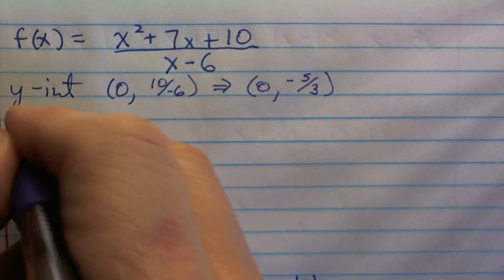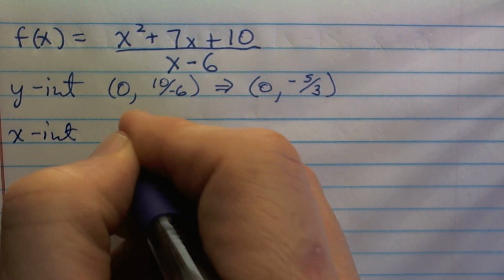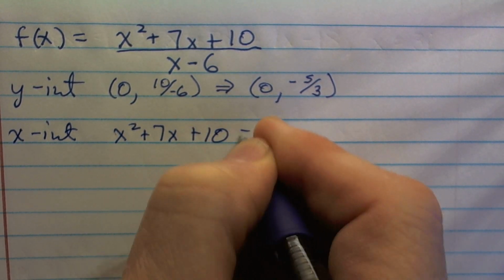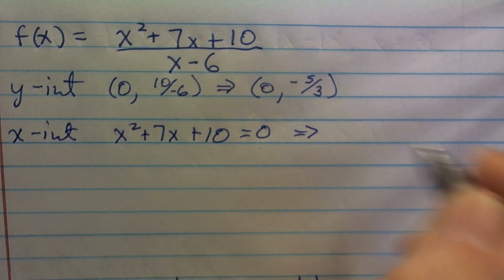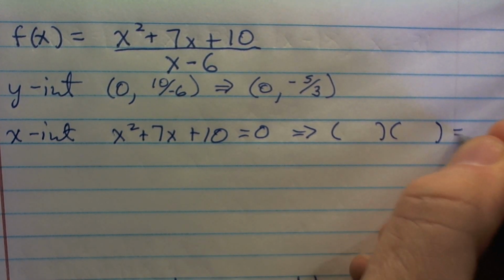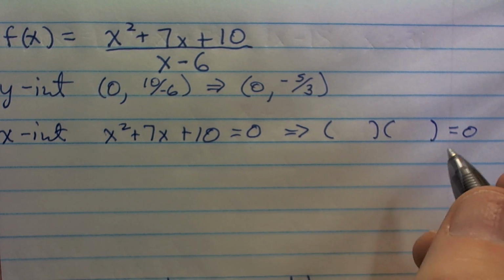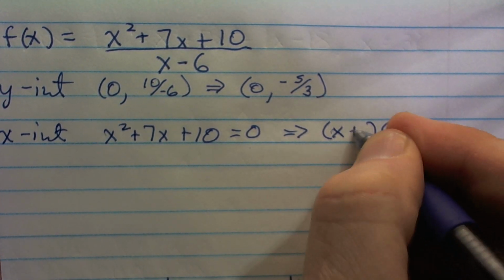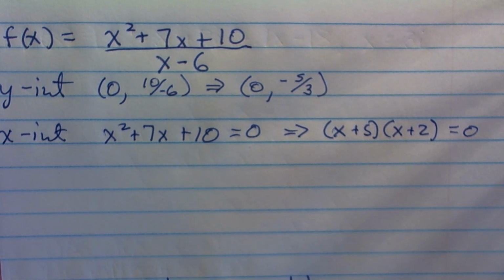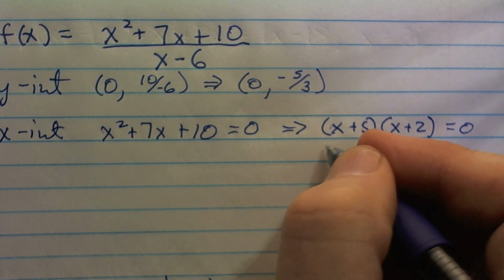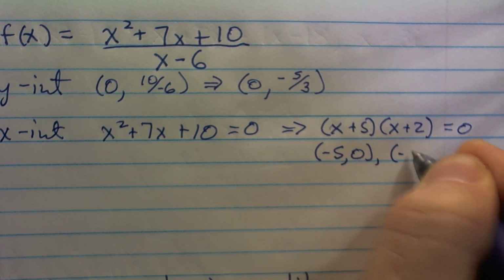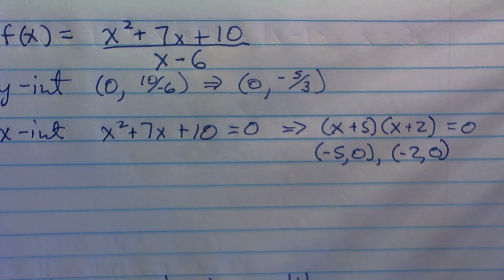Now, as far as the x-intercept, we set the top equal to 0. And you can factor it if you like. So we've got, here we go, x plus 5, x plus 2. So we get negative 5, negative 2. These are the x-intercepts.